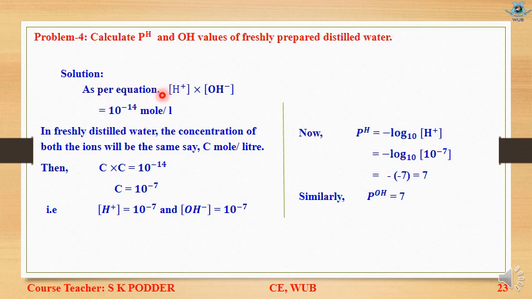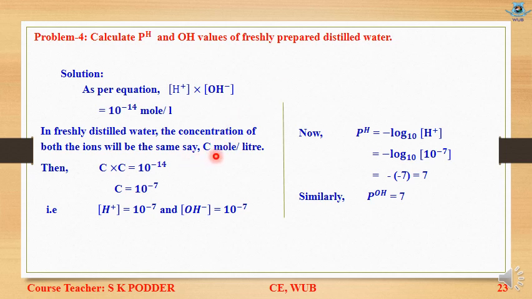As per the definition or equation, the hydrogen ion concentration multiplied by the hydroxide ion concentration is equal to 10^-14 mole per liter. In freshly distilled water, the concentrations of both ions will be the same.